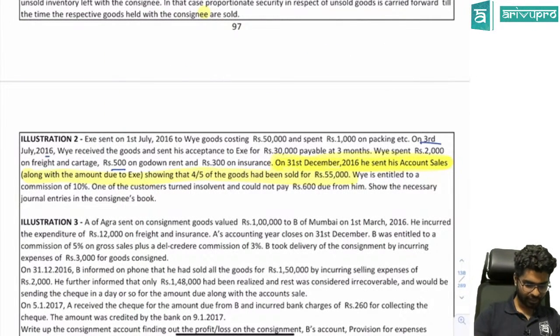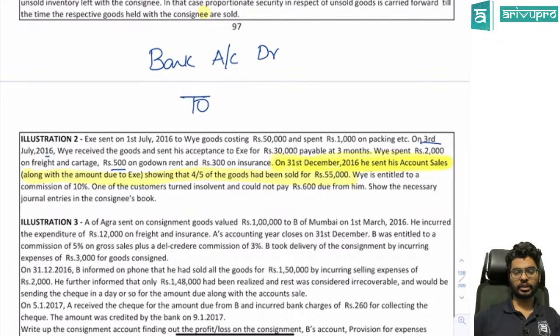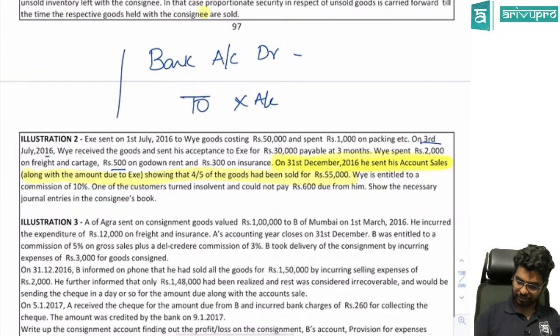So money is coming into Y's account. Bank account debit to X account. So remember this, guys.